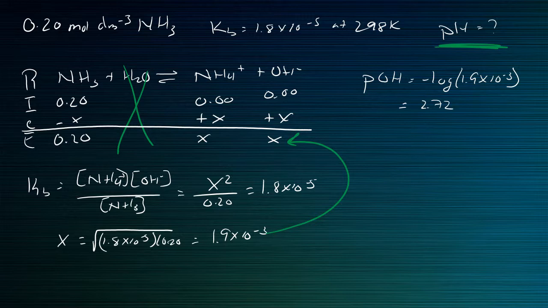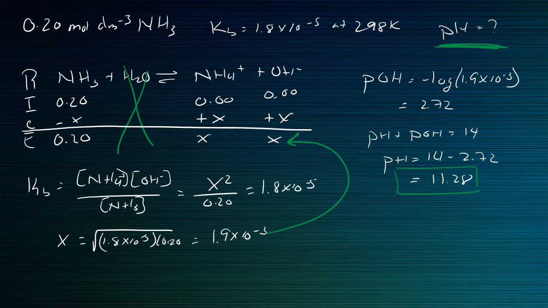Because this is happening at 298 Kelvin, we can take pH plus pOH equals 14. So pH equals 14 minus 2.72, and that's going to give you 11.28. And that's your answer.